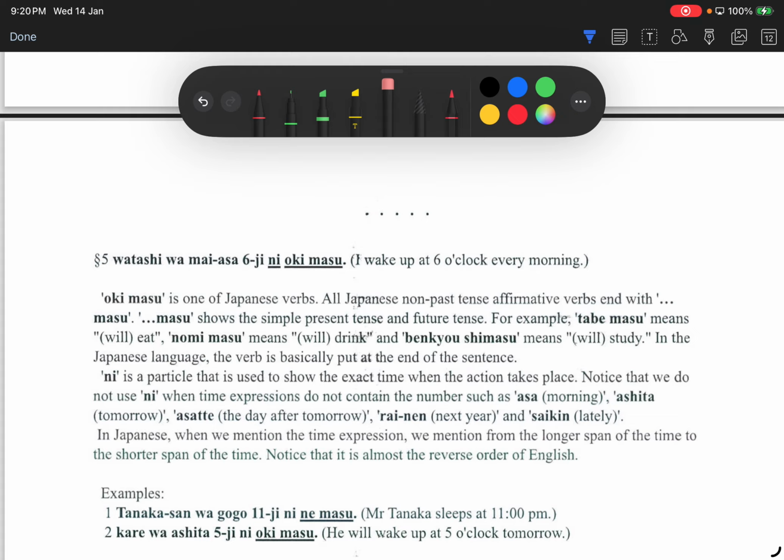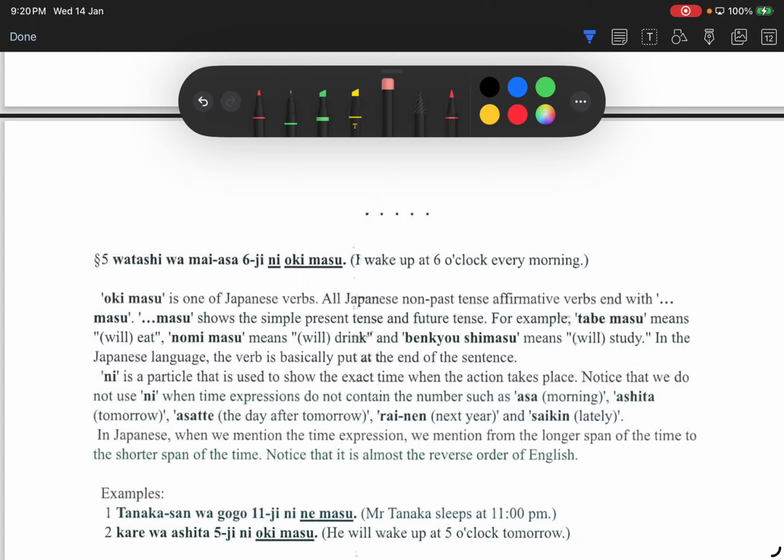So we have also learned how to tell time, but without numbers. For example, asa, hiru, ban. All these are also time, but they are time periods. So we separate time into two types. One type is called time expression with number.